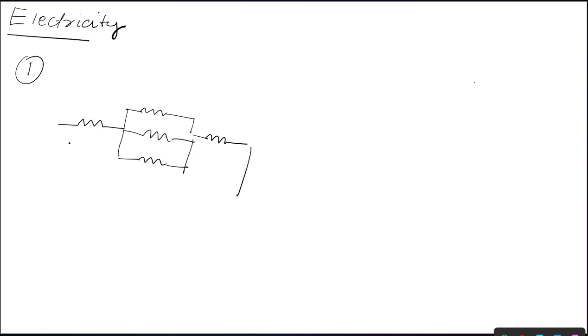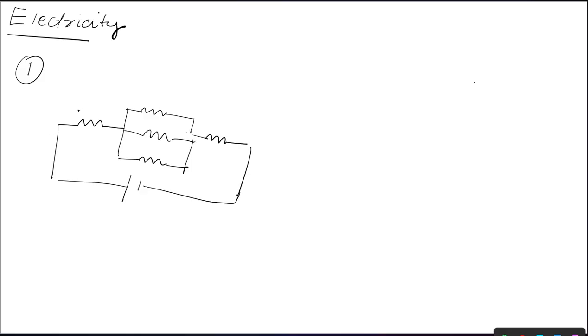For example, the first one, I connect one resistor here, and the whole apparatus is connected to a battery like this.